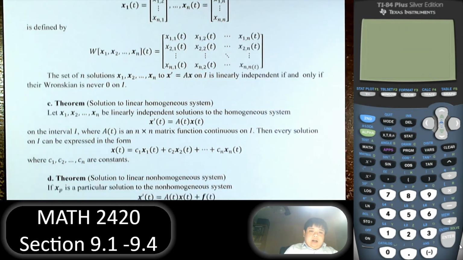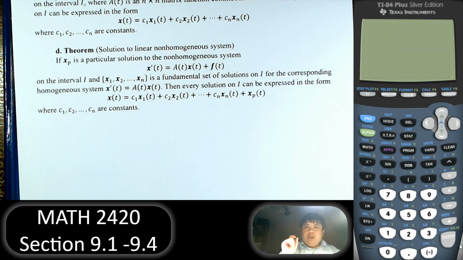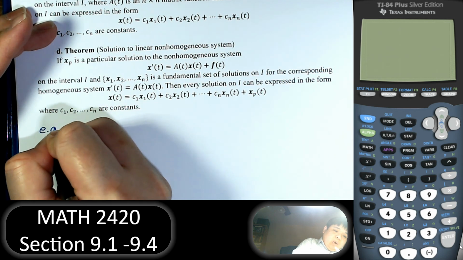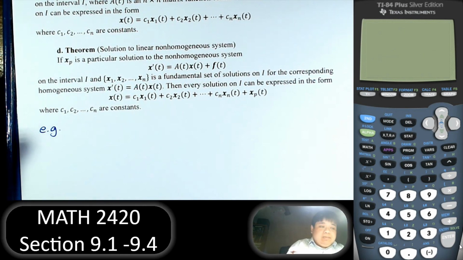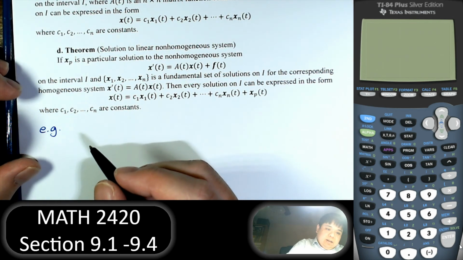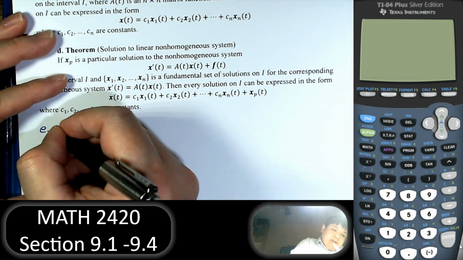Right. So before I end section 9.4, let me do one example real quick. What happens if we have an equation that is not homogeneous? How do we turn that into matrix form?